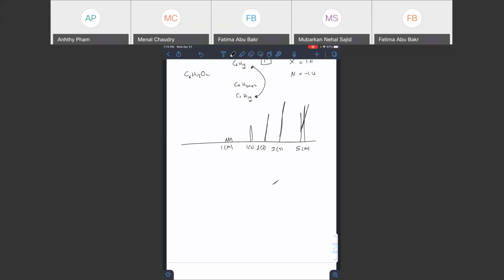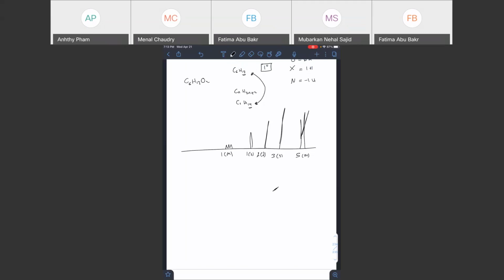A 3 singlet can be attached to a number of things, or it could be attached to a double bond with one thing, or it could be attached directly to an O like this, but we don't know that so far. Looking at this, I know that one of the O's is going to be a carbonyl. The other O, what do you think it's going to be? You can either say it or send it in the chat. What do you think the other O is going to look like, if not a carbonyl, because we only have 1 carbonyl?